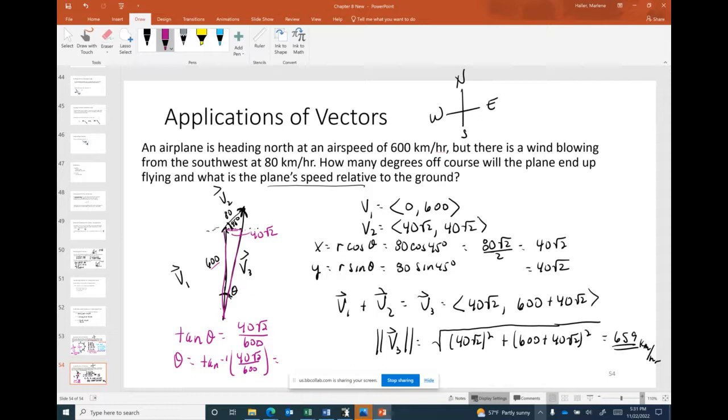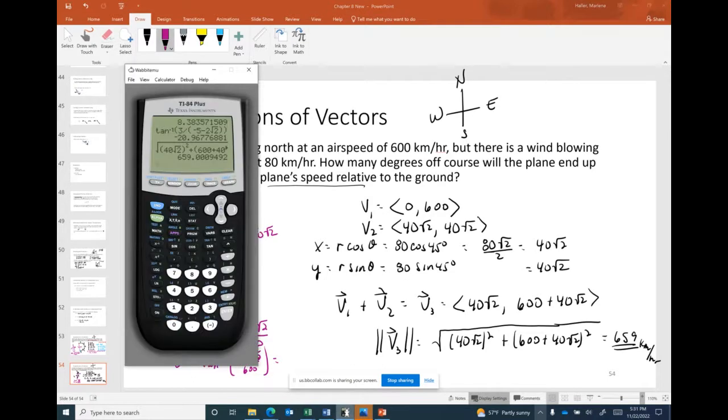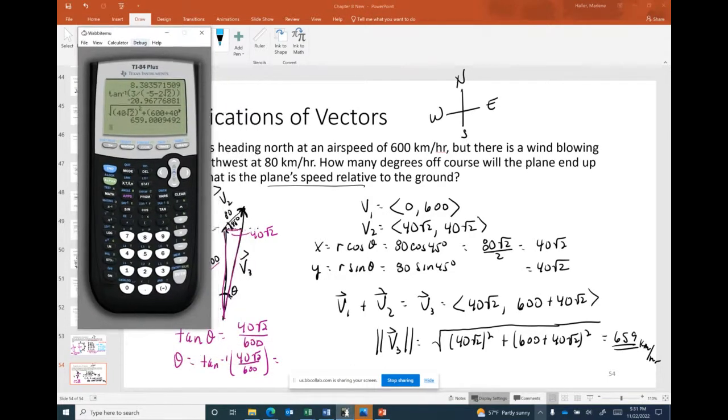Okay, let's see what that is. Inverse tangent of 40 square roots of 2. Didn't get out from under the radical. Let's try that again: get out from under the radical, then close that parenthesis.